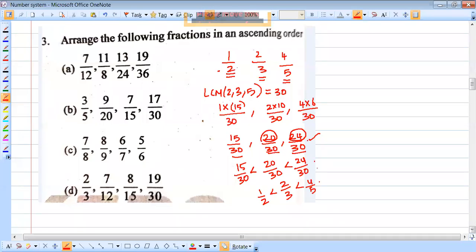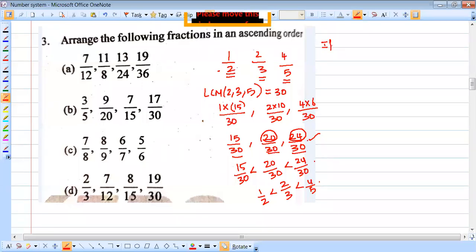Do you all understand this explanation? If all denominators are same, then the least number in the numerator is the smallest fraction. Okay.